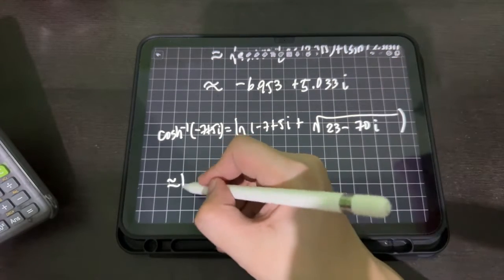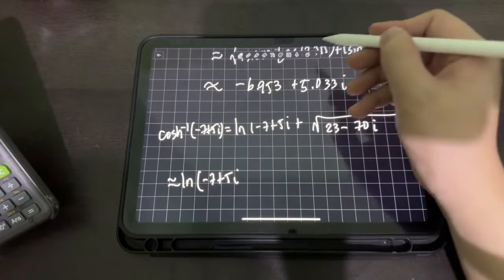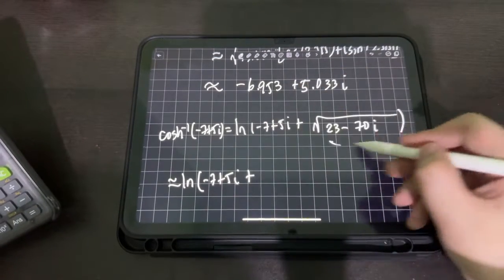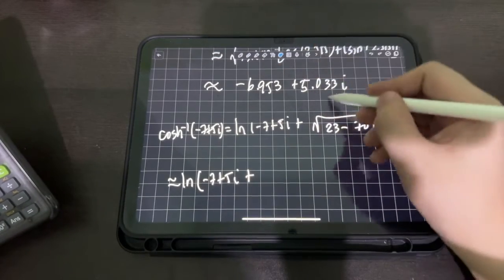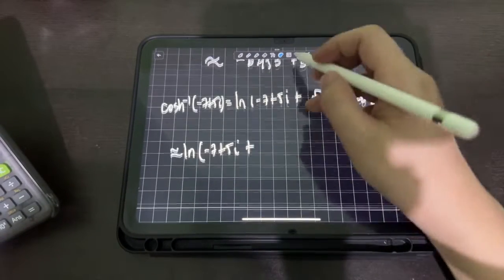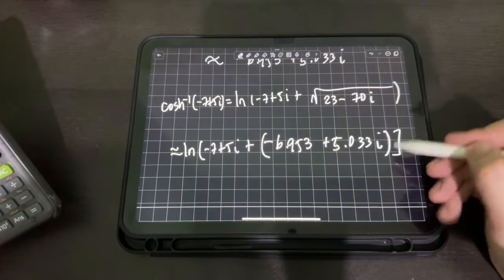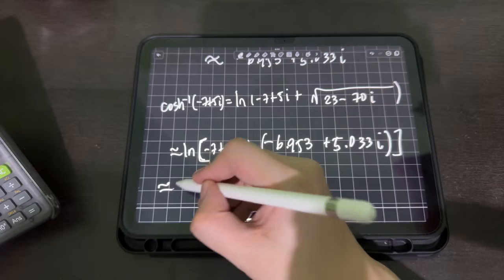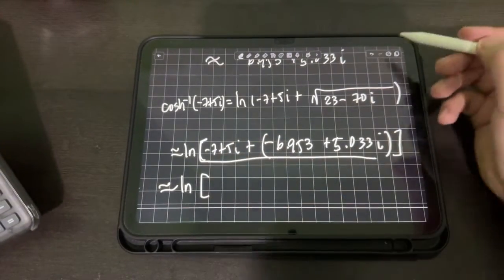So you will have approximately equal to ln of negative 7 plus 5i plus this second value of square root, this one. Let's just copy. And then you input this in your calculator, you will combine.